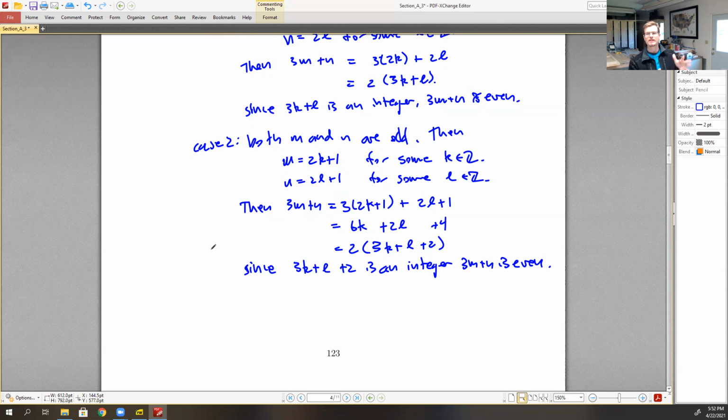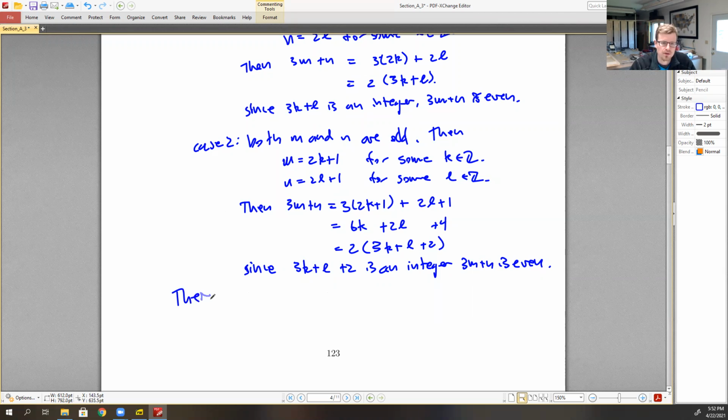Therefore, now I've shown that for every possible scenario, both even, both odd, every possible scenario, I have that 3m plus n is even.